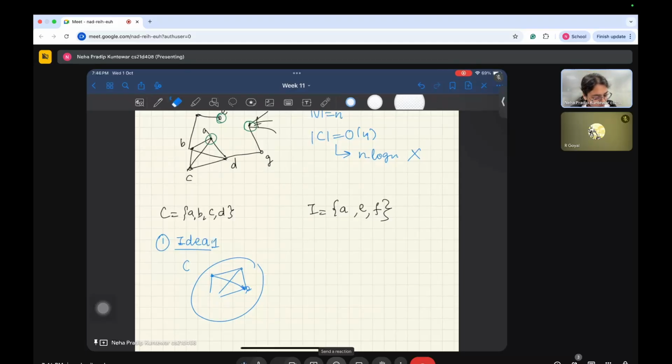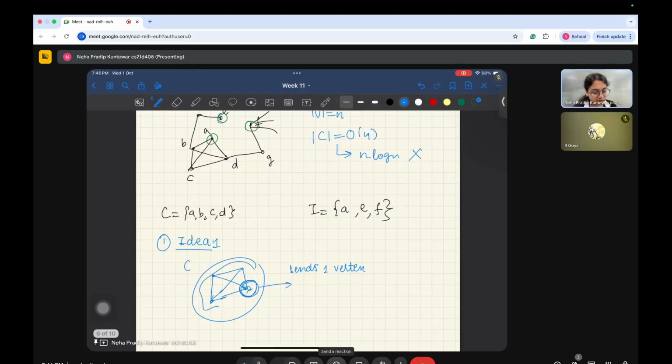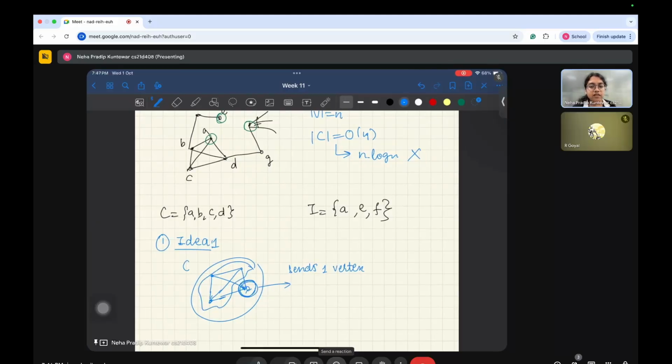Okay, so now Alice doesn't really need to send all the vertices. If she just sends one vertex, then Bob would have a lot of information about the entire click. Let's call this vertex u.